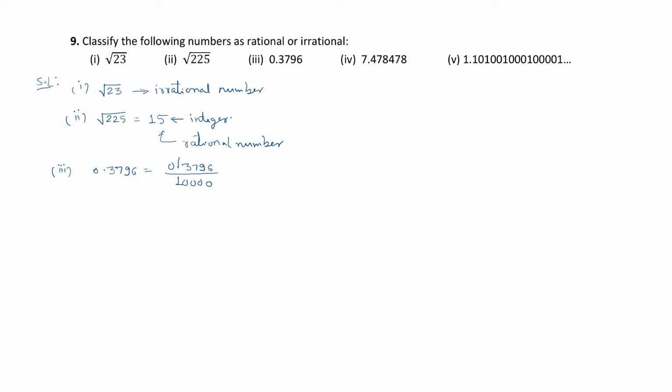We can also simplify it. After simplification, we will get 949 divided by 2500. 0.3796 can be written in p by q form, and its p by q form is 949 by 2500. So we can say yes, this is a rational number.